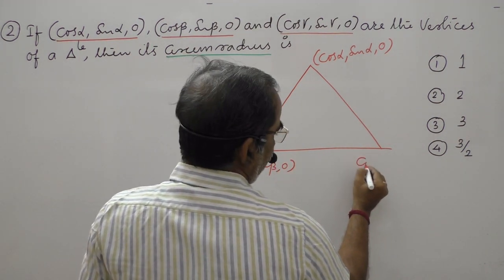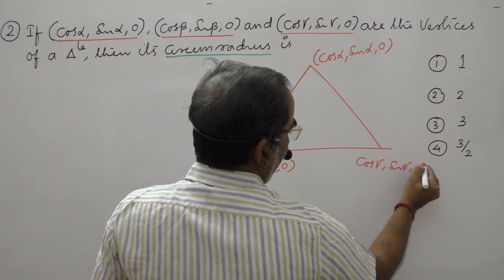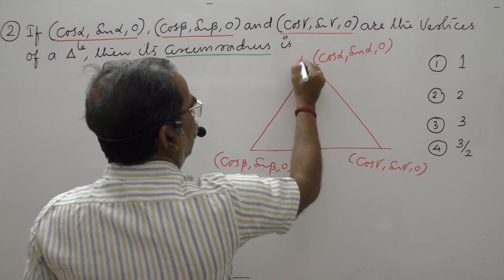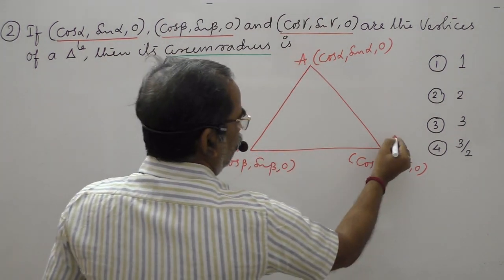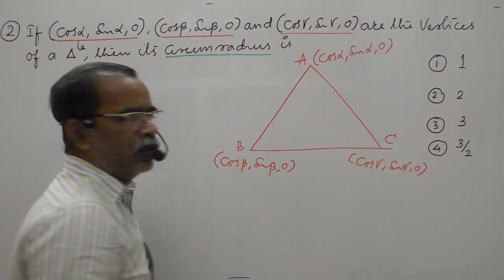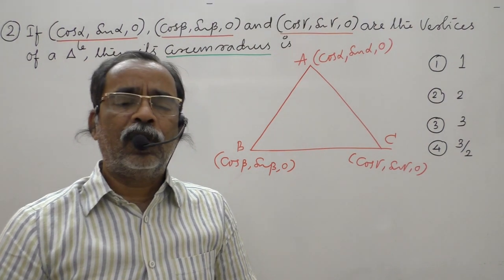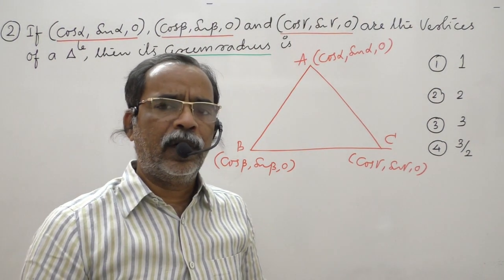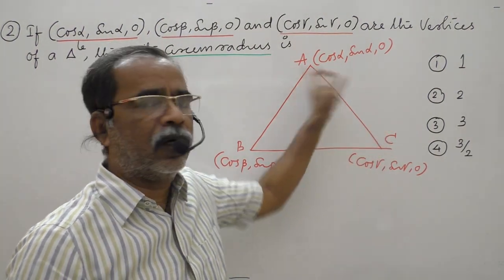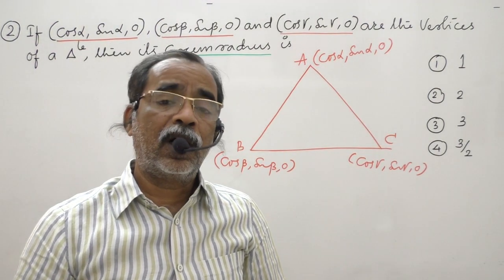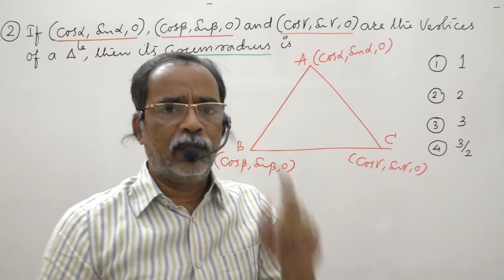And cos gamma, sin gamma, comma 0. These are the three vertices. I will denote them by ABC. So here triangle is ABC. We need its circumcenter, circumradius. What is circumradius? There passes a circle through three vertices, which is known as circumcircle. Radius of that circle is circumradius.